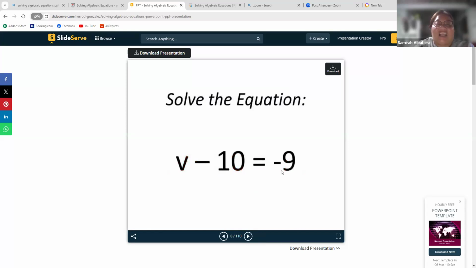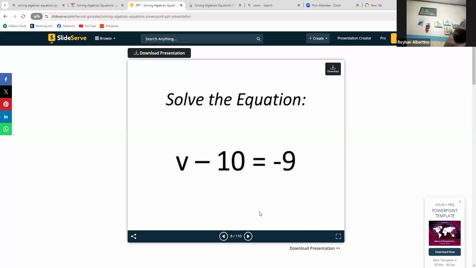Okay, look at this. Who can give me the answer right away? What is the value of V?